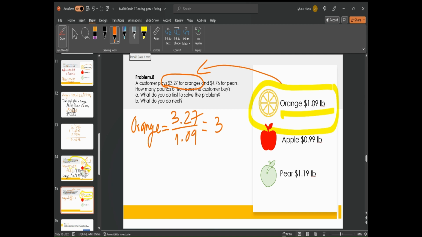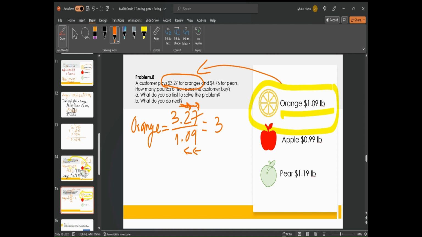The numerator has two digits after the decimal, and the denominator has two digits after the decimal too.